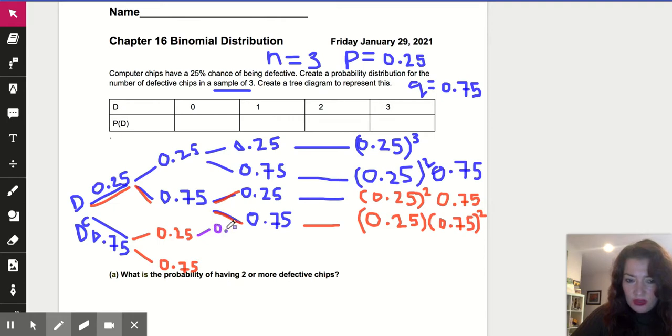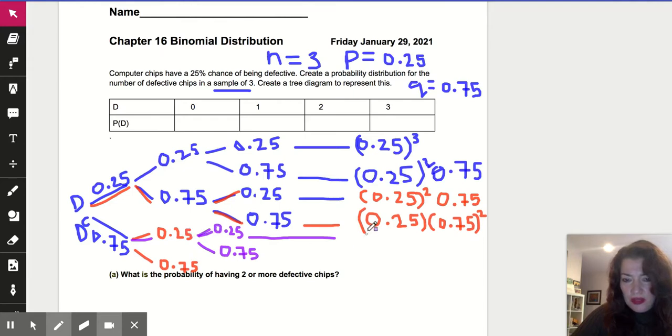So this is 0.25, so defective here, or it could be not defective, 0.75. And I'm going to go ahead and multiply across all the branches. So for this one here, I have 0.75 times 0.25 times 0.25.